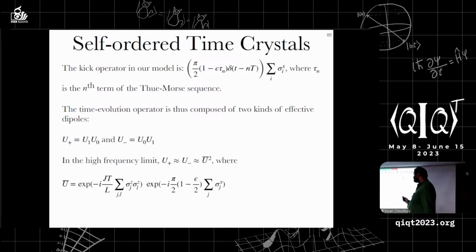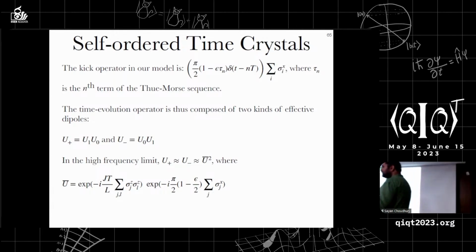So then the point is that in the high frequency limit, U1 U0 and U0 U1 become almost equal, and you can get an effective propagator, an effective time evolution operator, which has a Floquet form. And this arises because you always have these dipolar operators here.